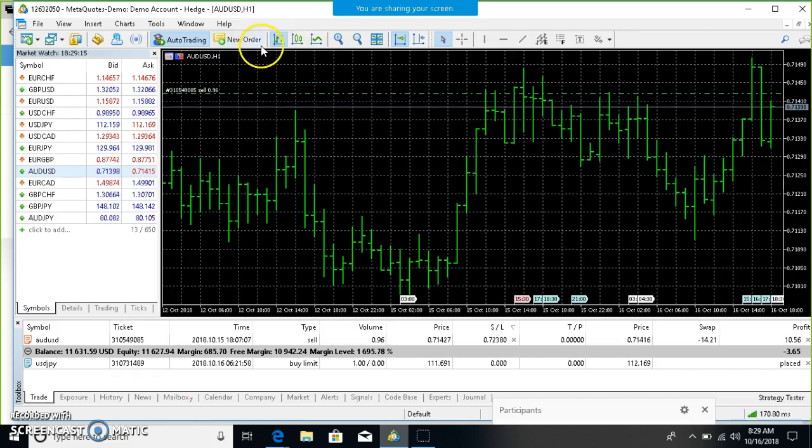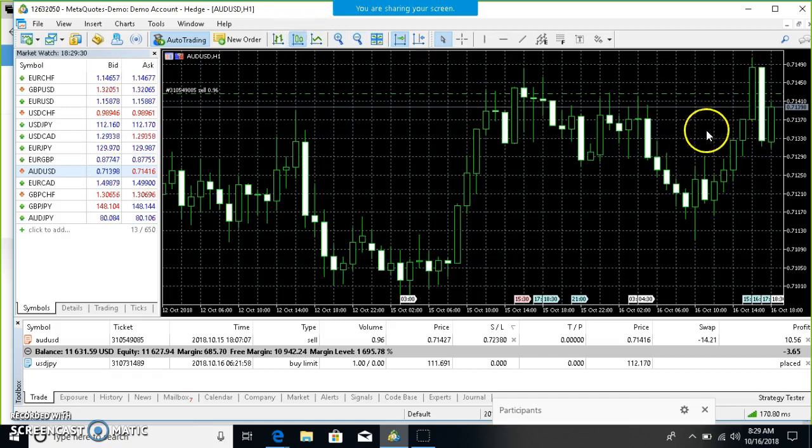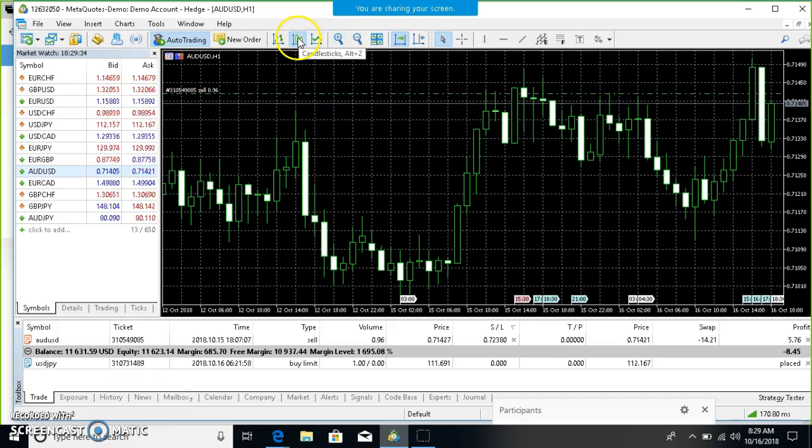Here we've got bar charts. We're in the 1 hour chart. Each bar represents an hour. But we don't use bar charts. We use Chinese candles. I click that button right there. These are Chinese candles.